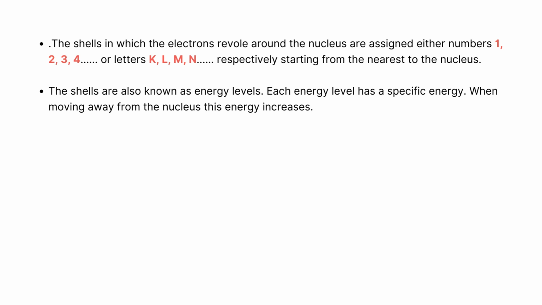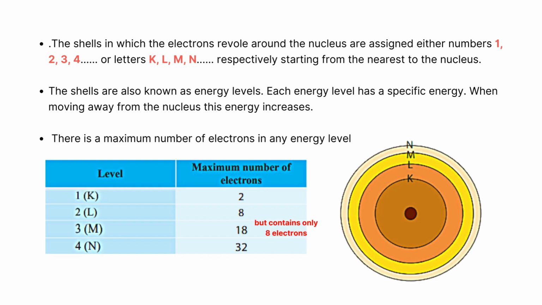In an atom, there is a maximum number of electrons in each energy level. The below table gives the total number of electrons in the first 4 energy levels nearest to the nucleus. And all these energy levels can contain only a fixed number of electrons. When you start from the energy level closest to the nucleus, as you go out the number of maximum electrons will increase. So in the first level, that is the K shell, there can be only 2 electrons maximum.